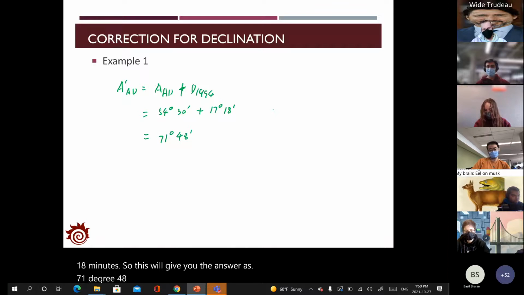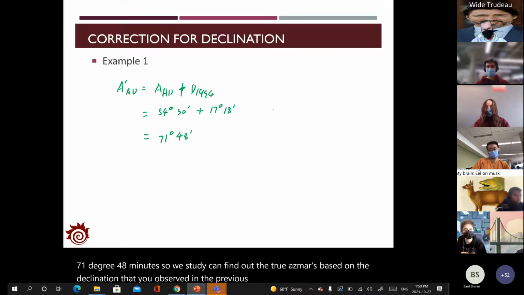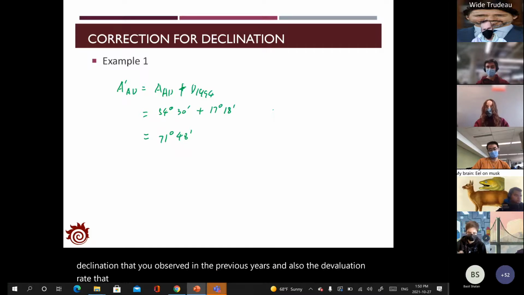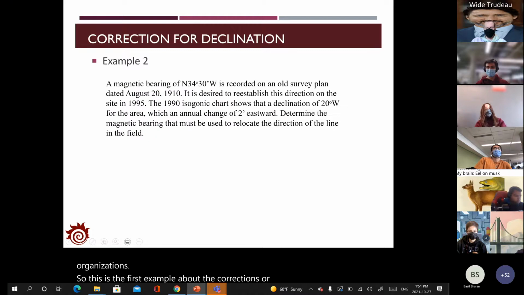So with that, you can find out the true azimuth based on the declination that you observed in the previous years, and also the variation rate that is calibrated by the government or some other surveying organizations. So this is the first example about the corrections of the declination. Let's go to check another one.